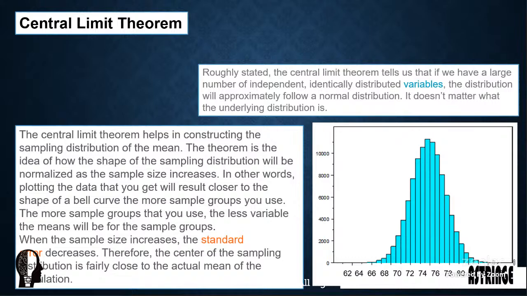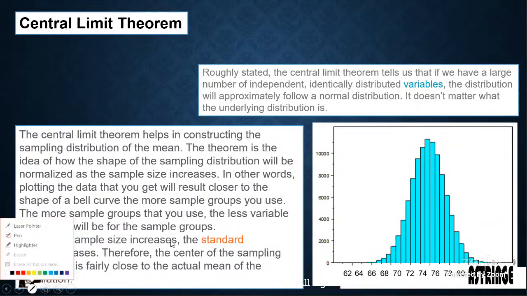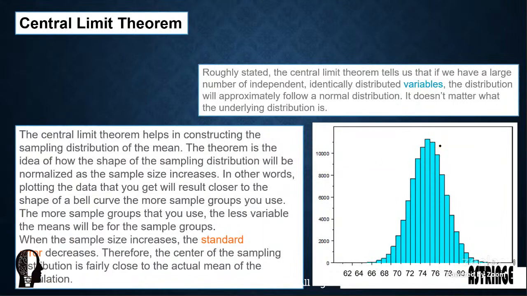Whenever the sample size increases, the standard deviation decreases. Wherever your sample size has been increasing, your standard deviation has been decreasing throughout. And hence here is your sample.